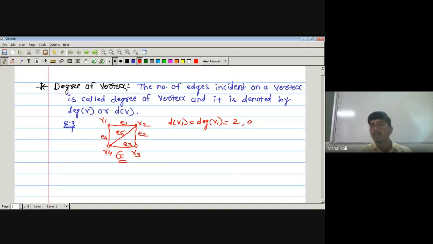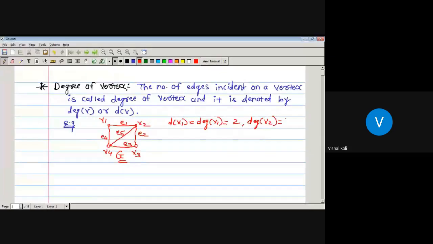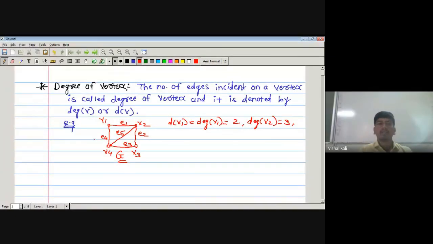Similarly, for the degree of vertex V2, as there are 3 edges incident on vertex V2, the degree of V2 will be 3.